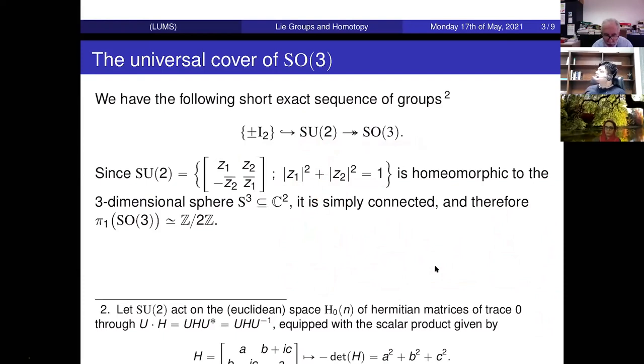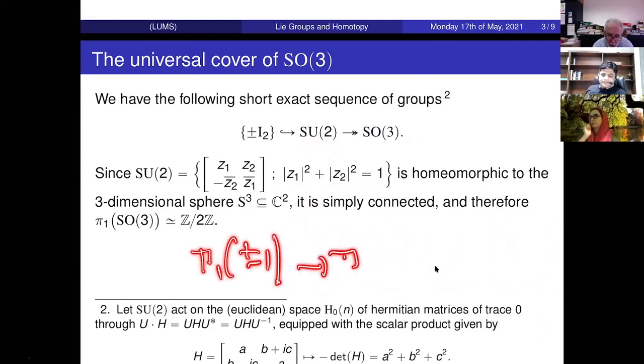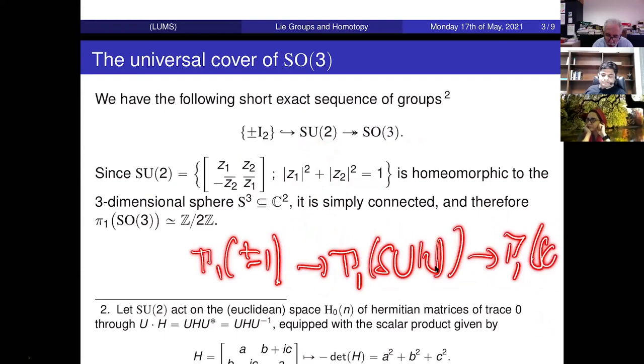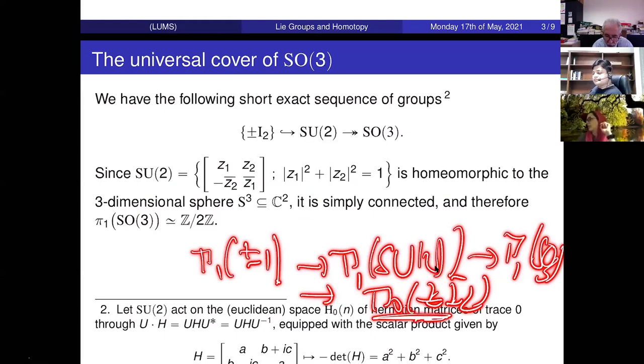And so we can see, using the long exact sequence, if we write it, we have π1 of ±1 goes to π1 of SU2, goes to π1 of SO3, goes to π0 of ±1. This is 0 because it's discrete. The connected component is exactly what is happening around the identity.